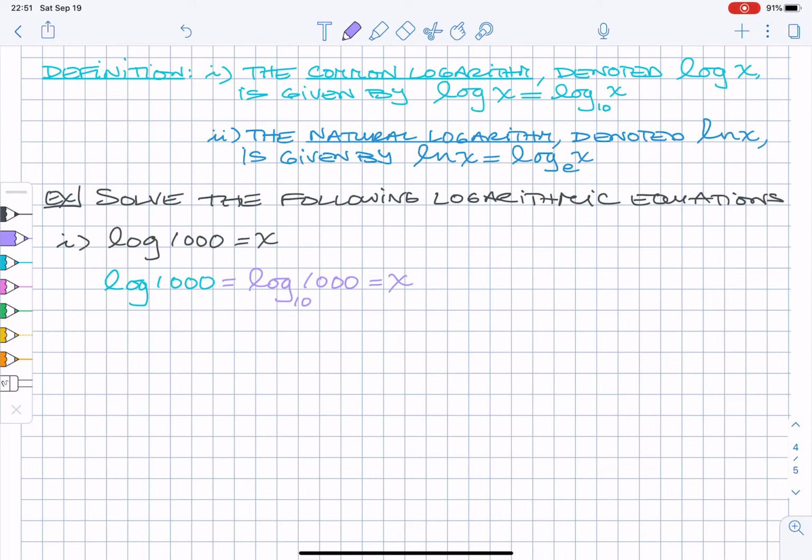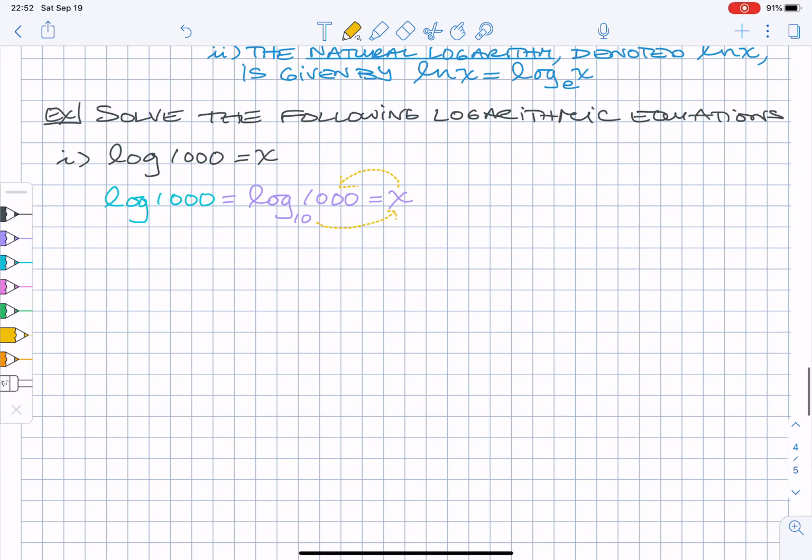So we can translate this now from logarithmic to exponential form. So this now becomes 10 to the x is equal to 1,000.